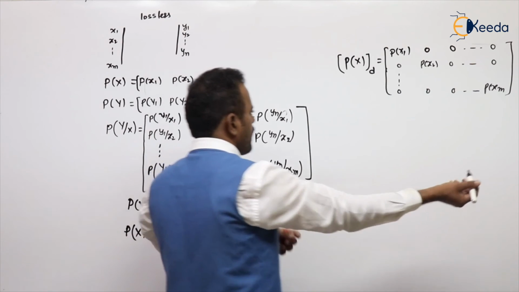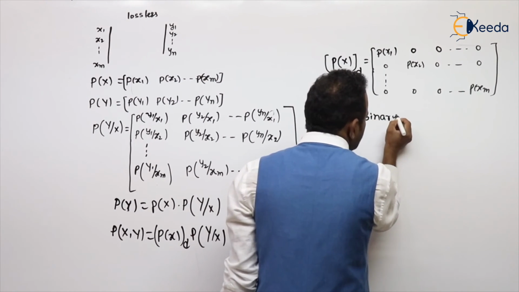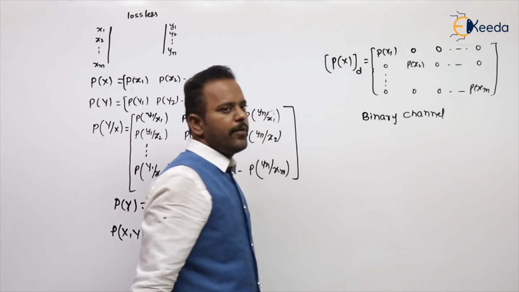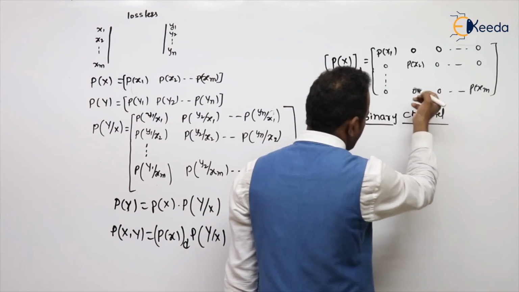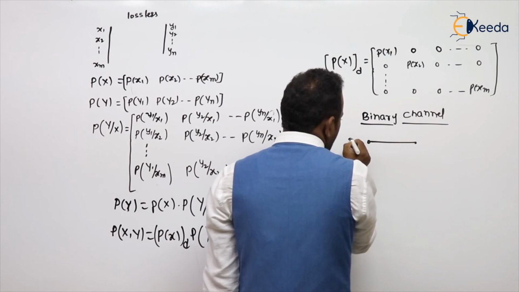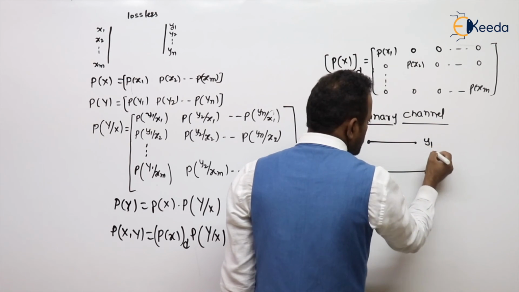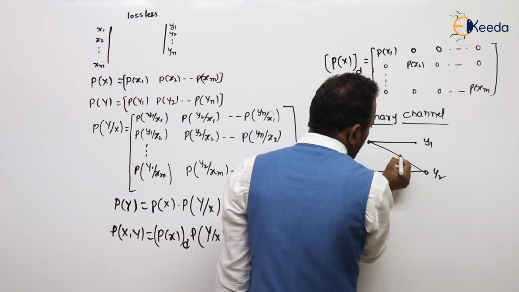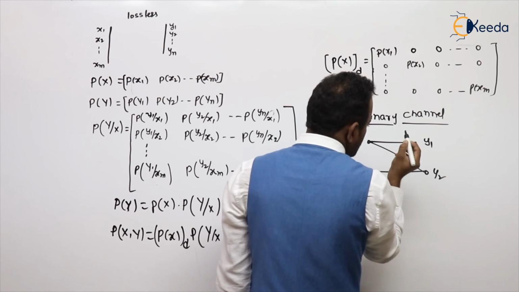And let me take a simple one, a binary channel. About all channels I will discuss. We are having one binary channel. Binary means two symbols only, input side let me call x1, x2. Output side also 2, let's call y1, y2. For example, the probability of x1 received as y2 is p.